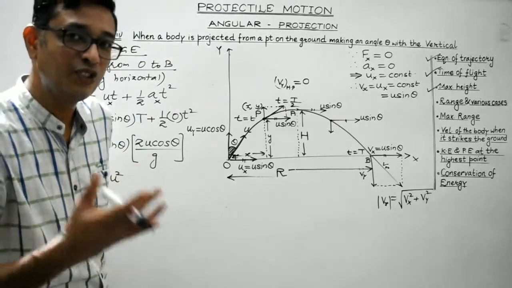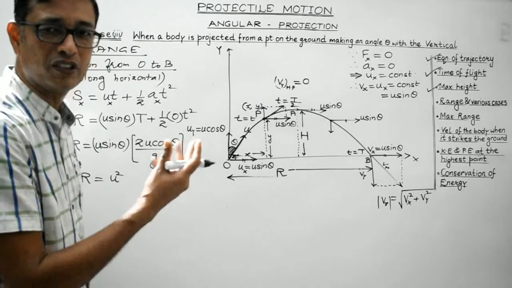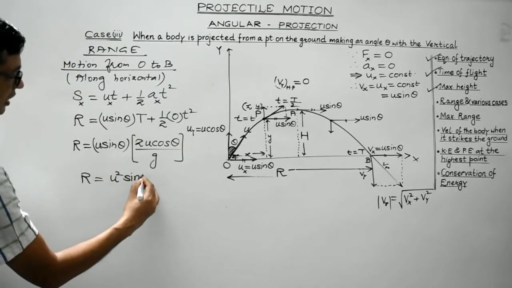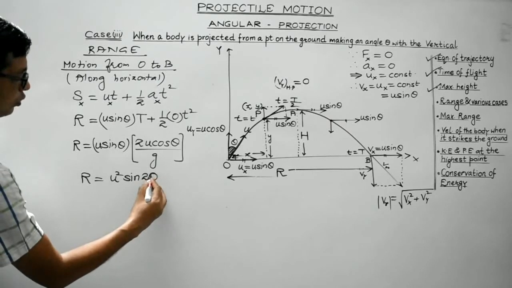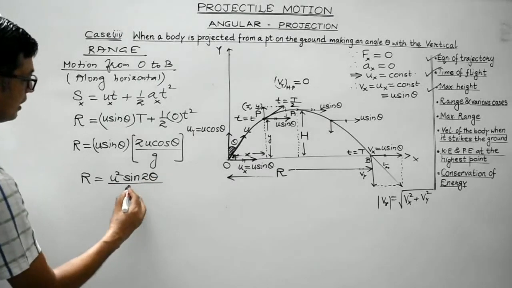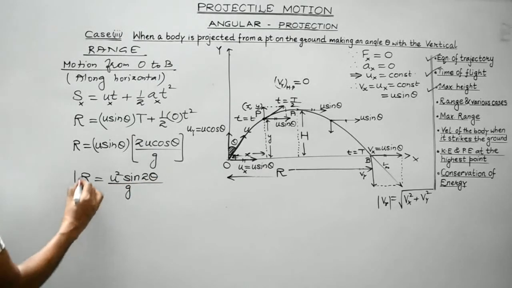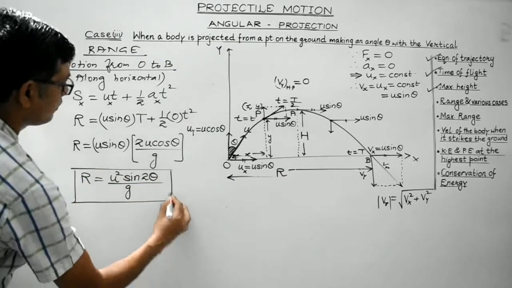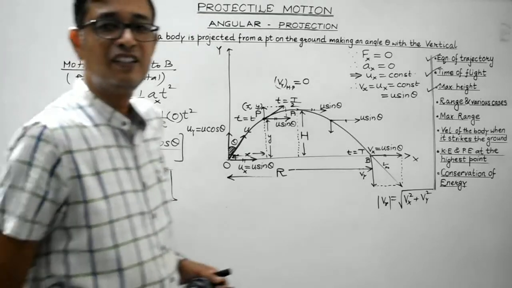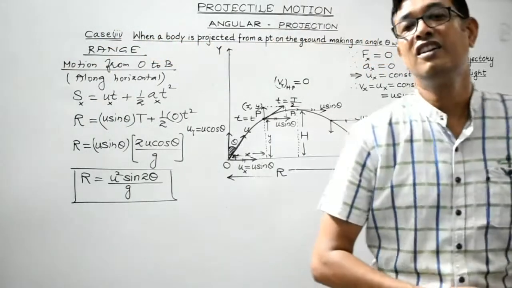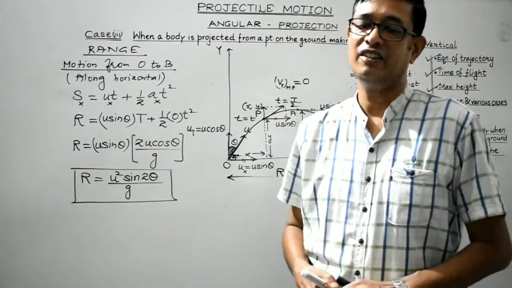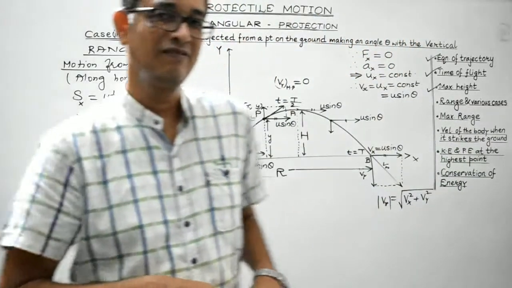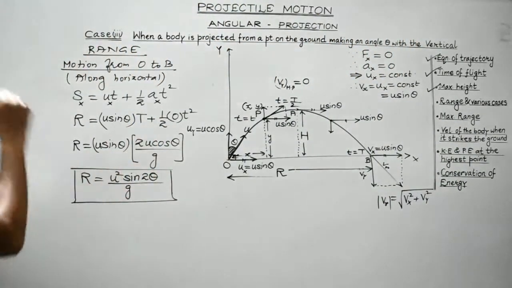Sin 2 theta is 2 sin theta cos theta. So let's make use of that trigonometric formula. So u square sin 2 theta divided by g. This is, students, the expression for the range of the projectile. U square sin 2 theta divided by g. Clear? So this is it.